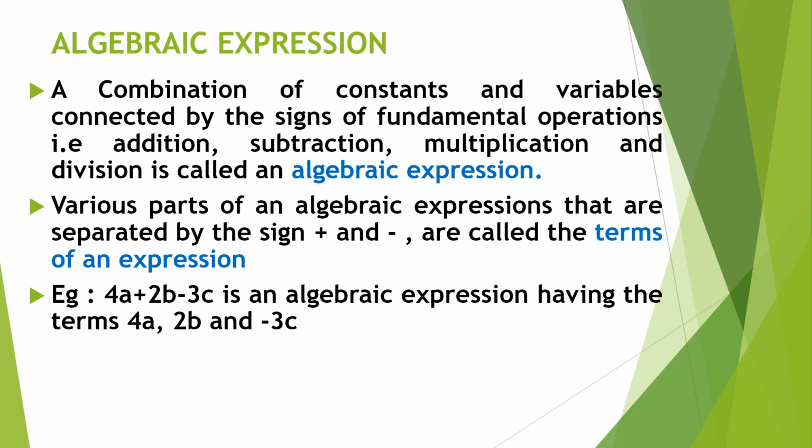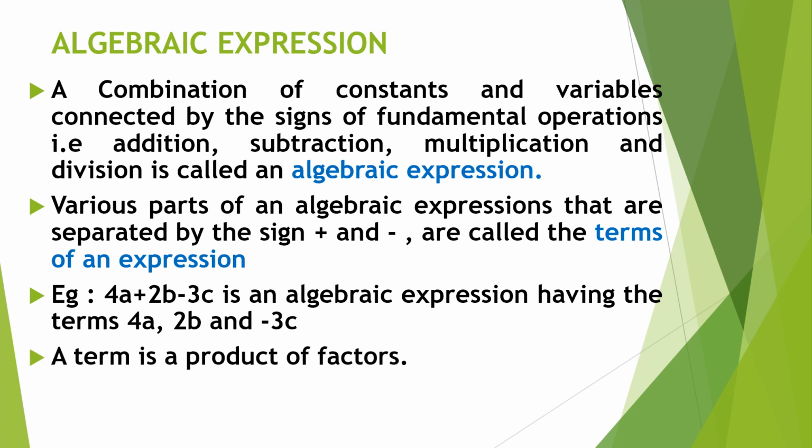Usually plus sign we are not denoting. If negative sign is there, we have to denote that one. So here three terms are there. These terms are separated by plus and minus sign here. So the terms are 4a, 2b and minus 3c.